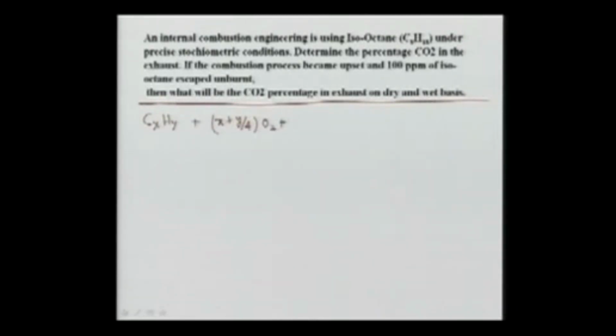Oxygen plus, don't forget the nitrogen that comes in, and this gives rise to x moles of CO2 plus y by 2 moles of water plus 3.76 x plus y by 4 moles of nitrogen. That's a complete combustion under the stoichiometry.